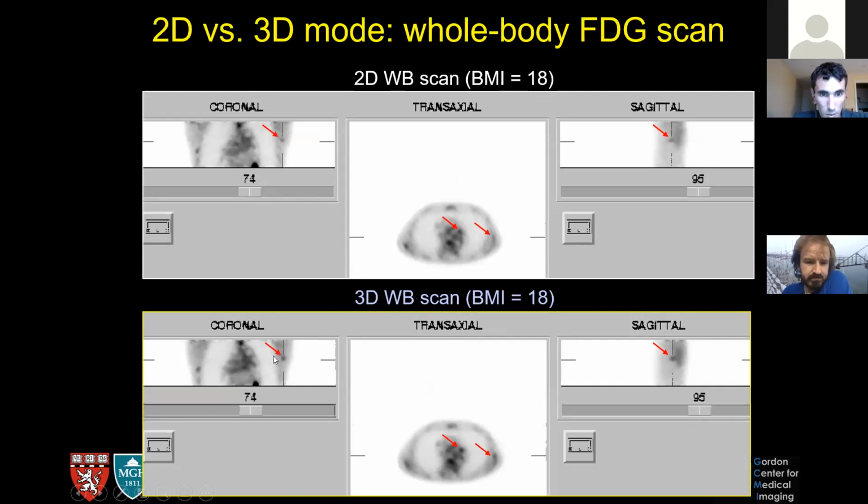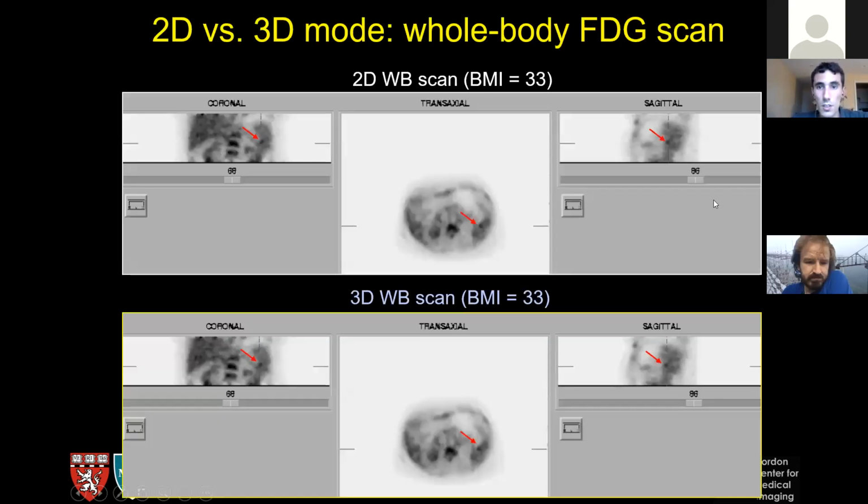You can see that with the 3D mode, you really have a gain in terms of signal to noise ratio, because you have higher contrast, and therefore you can better detect this tumor as compared to the 2D mode. That is a direct result of the improved sensitivity that you get from the 3D mode. Okay, so here, big gain.